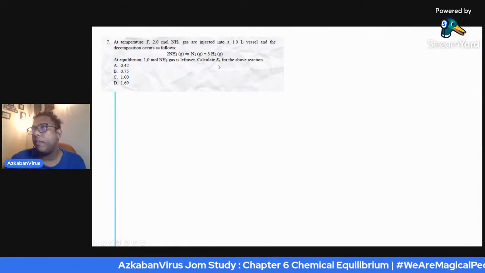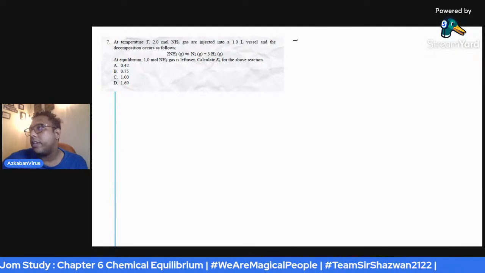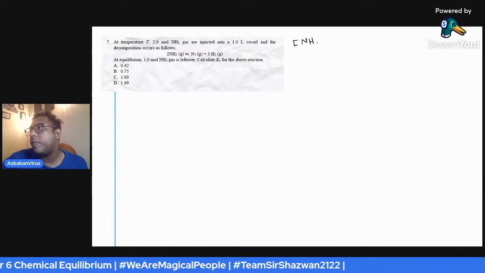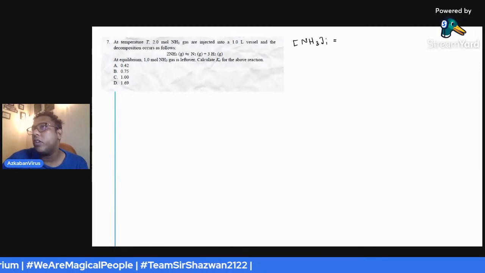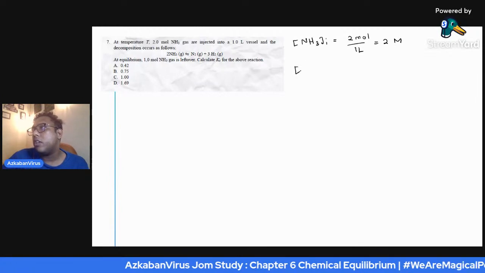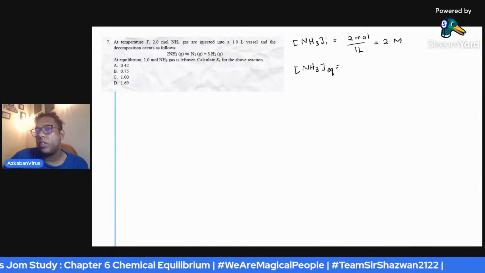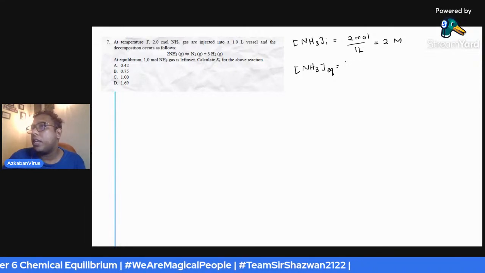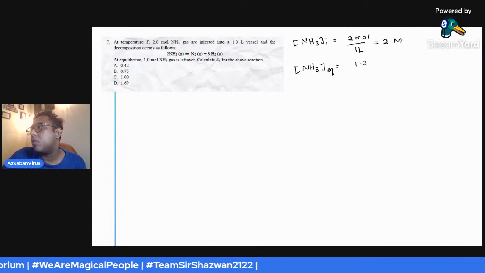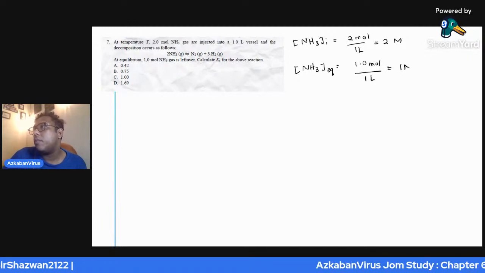Okay, so first thing first, calculate dulu concentration of NH3 initial, which is equal to 2 mole bahagi 1 liter, which is equal to 2 molar. Concentration of NH3 at equilibrium, which is equal to 1 mol bahagi 1 liter, which is 1 molar.